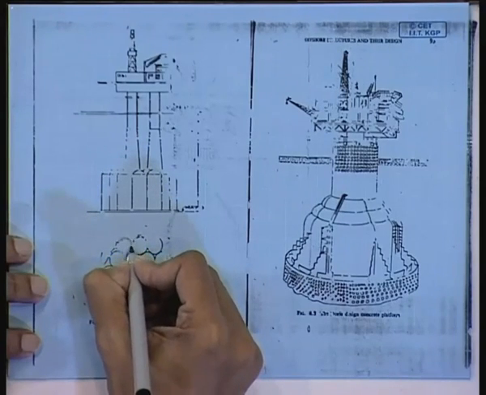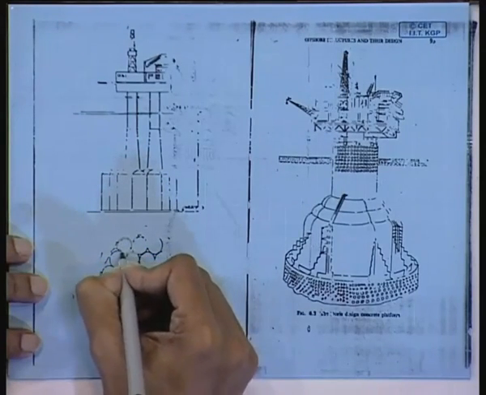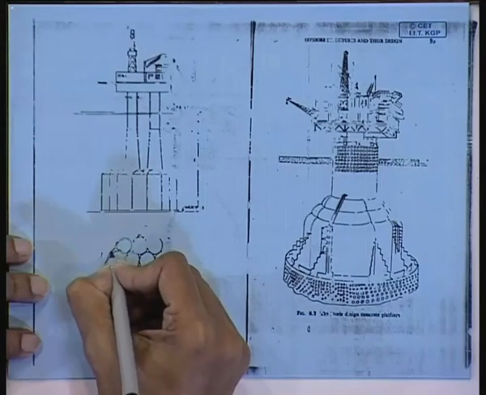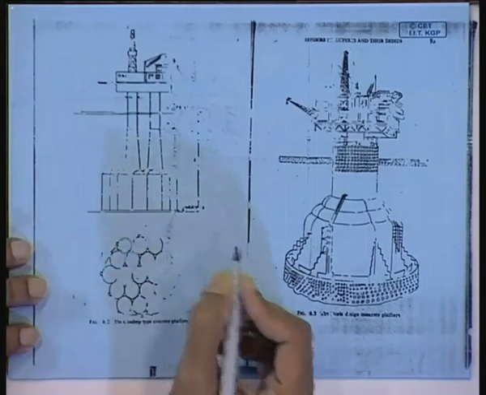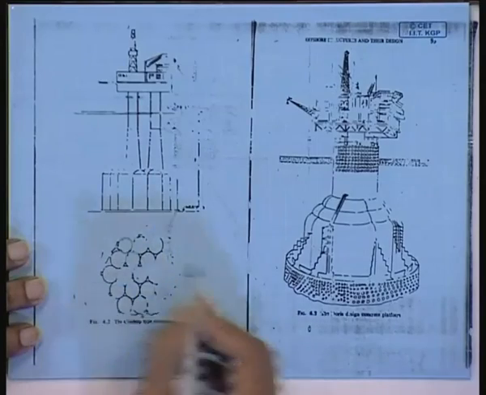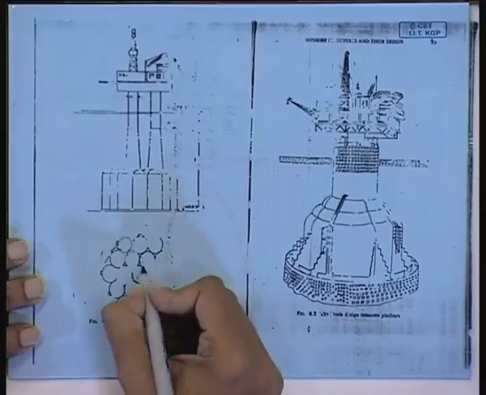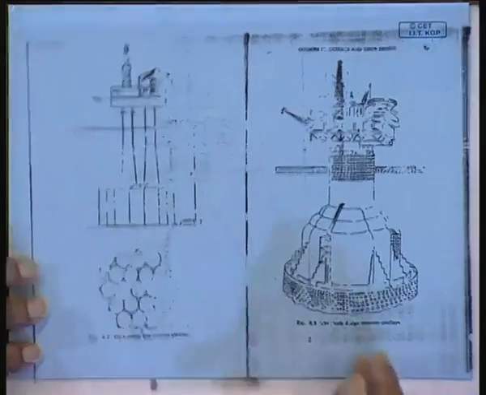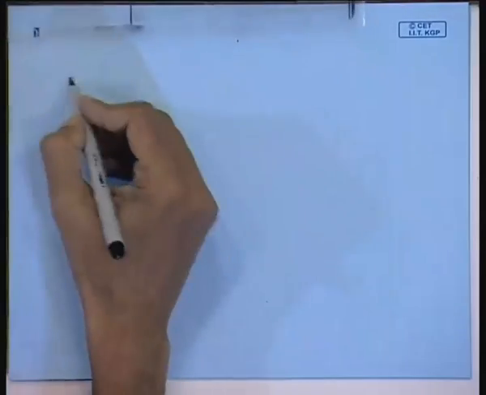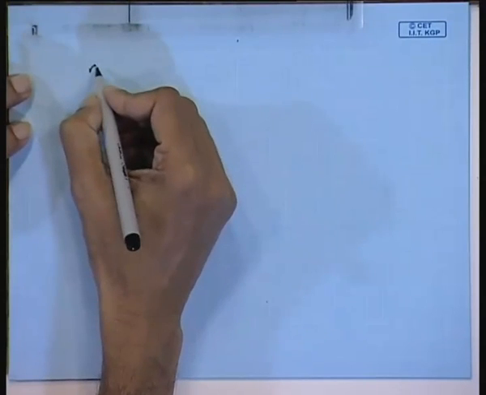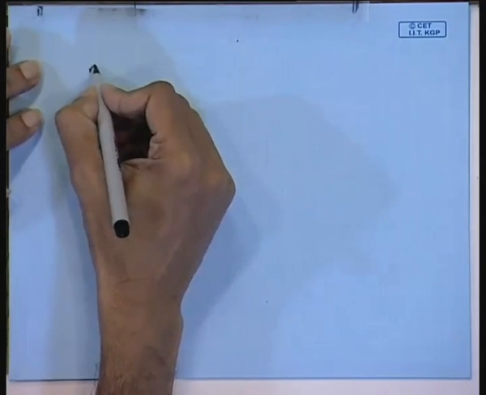So this is one cell and they are locked in by means of this kind of locking mechanism. All these cells are tied down. So this is actually called a honeycomb construction. So the cellular construction or caisson is in the condeep category.